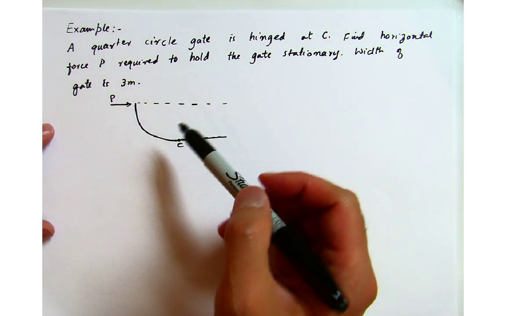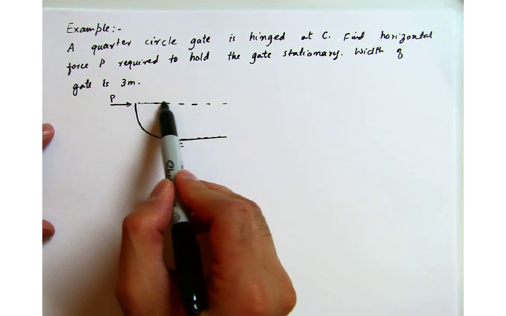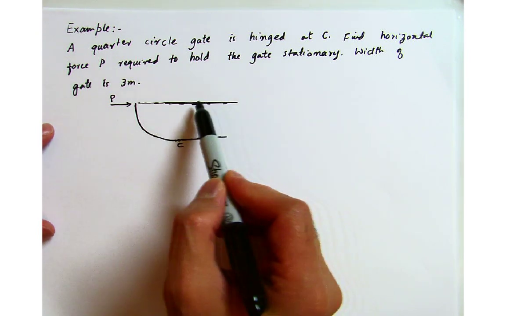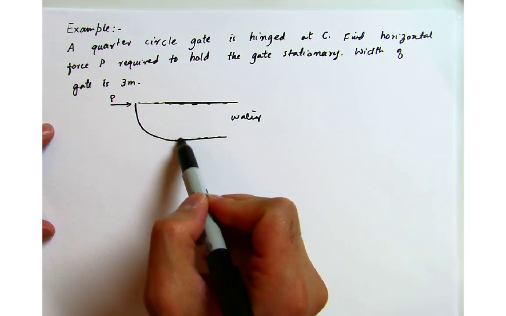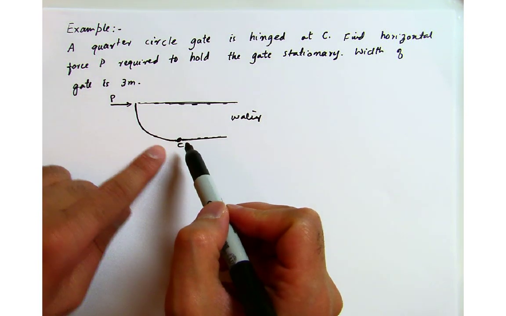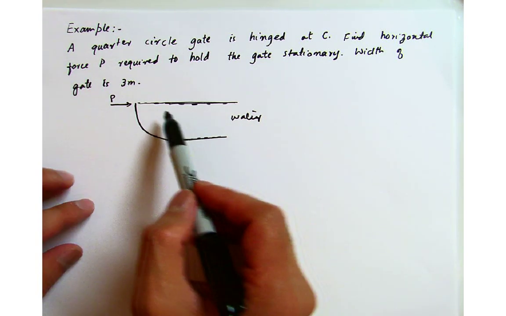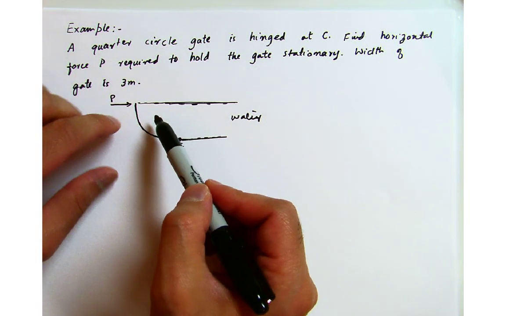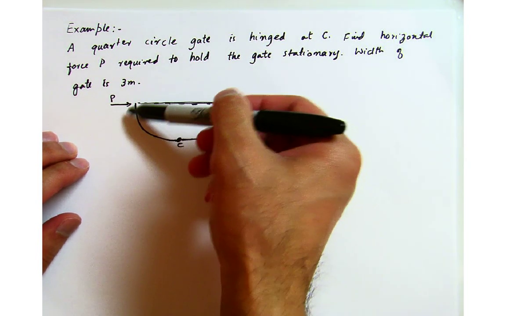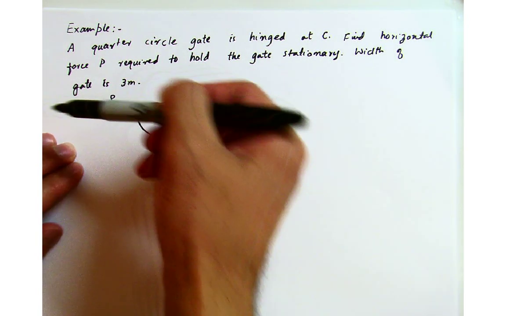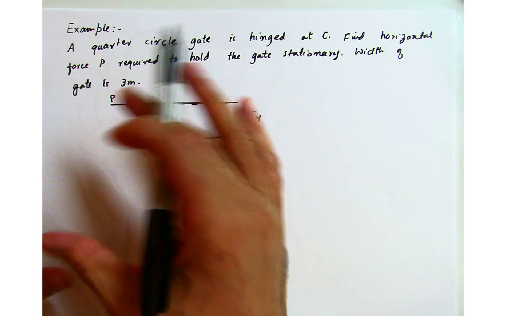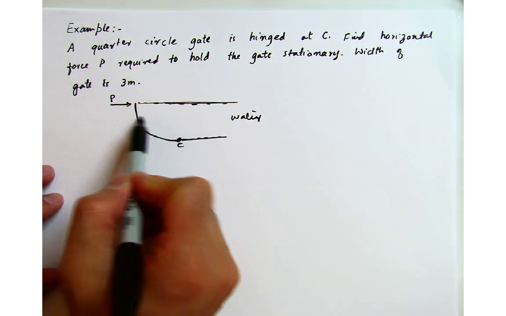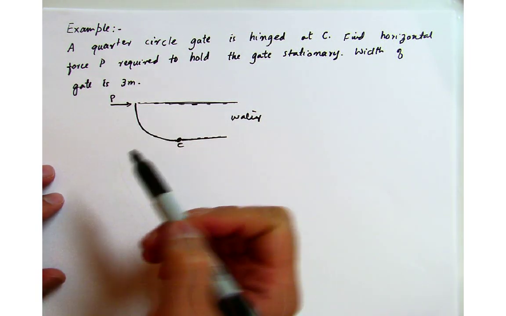As you will notice, this is completely filled with water, and this is where the hinge is, C. If there is no force being applied, this water will lower the gate down and flow this way. So we have to apply some force to counter the force being exerted by the water.